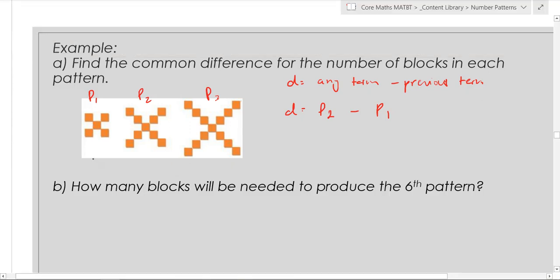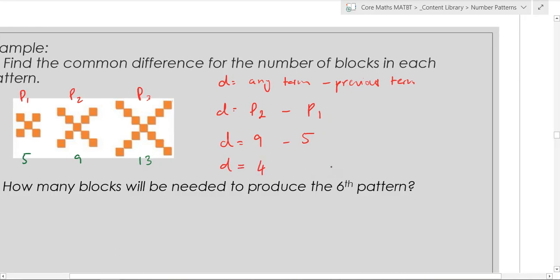So P1 has 5 blocks, P2 has 9 blocks, and P3 would have 13 blocks. Okay, so in this case, I can see that P2 is 9 and P1 is 5. Therefore, the common difference is 4.